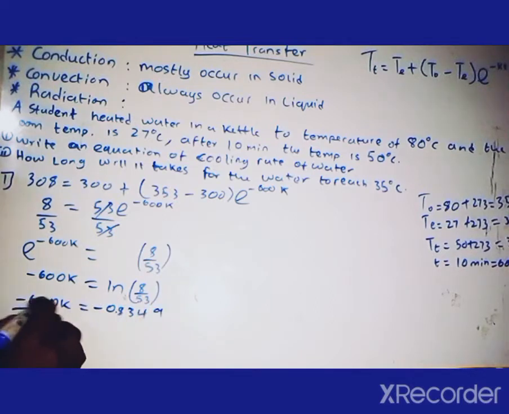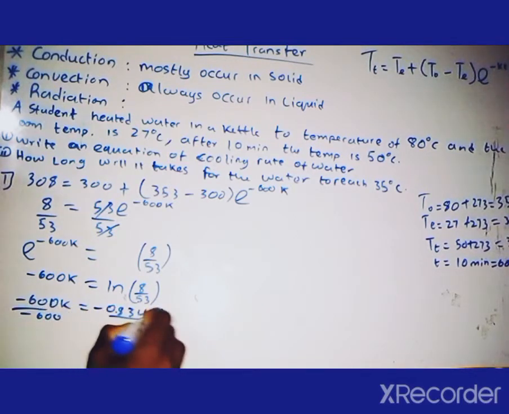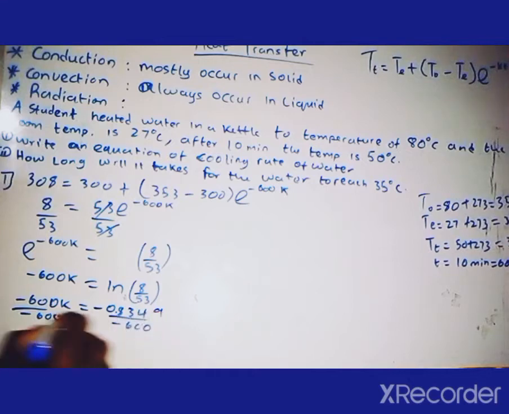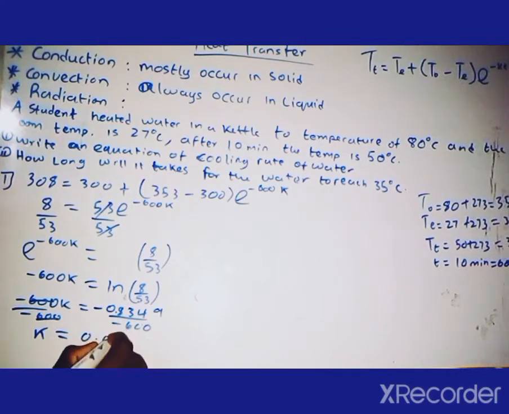So dividing both sides by minus 600, our k will now be 0.00139. So this is our decay constant.